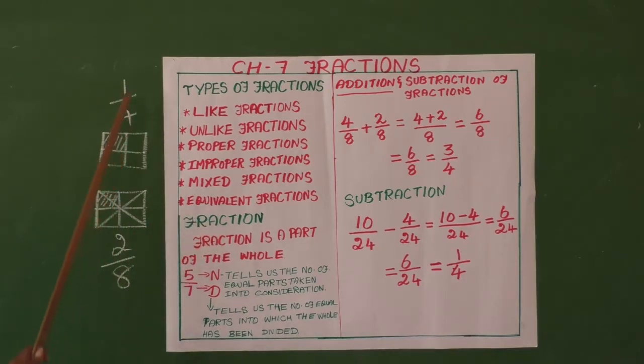See, in 1 by 4 they shaded the same portion, and in 2 by 8 also they shaded the same portion. So that's why we are calling them equivalent fractions. Okay, let us go to exercise number 7.1.